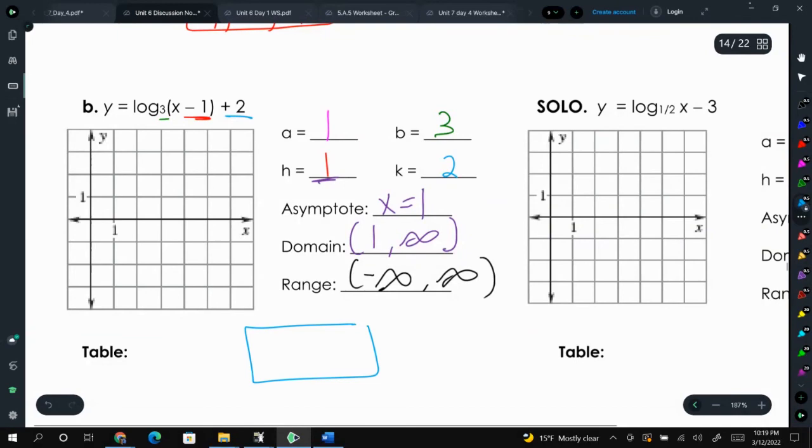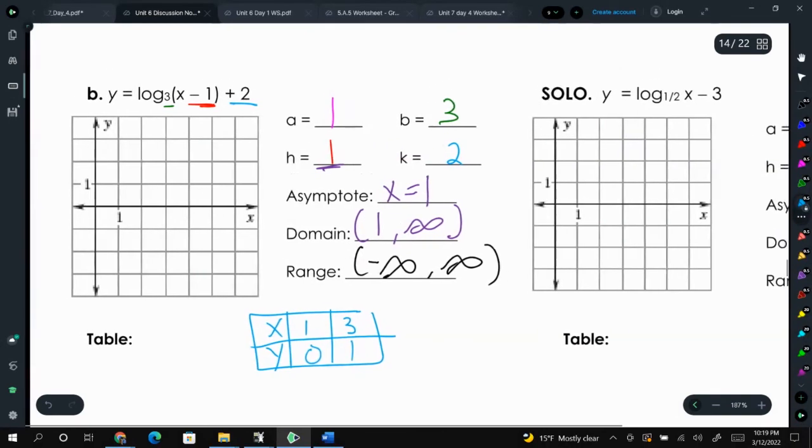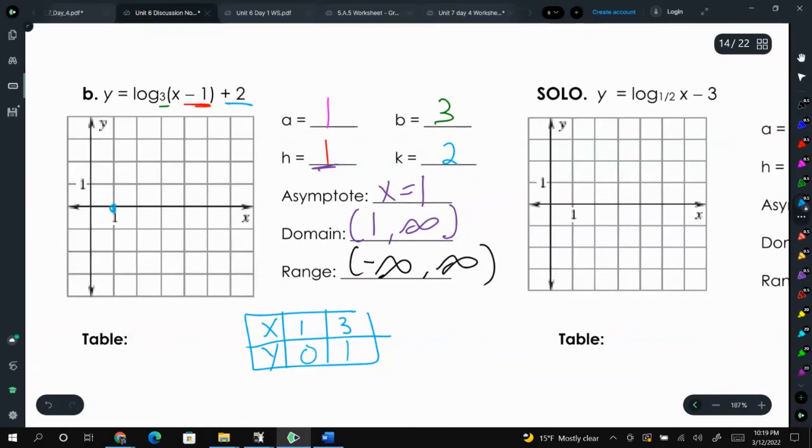Now our table, x, y, we have 1, 0, and then base 3, 1. So 1, 0, 3, 1.